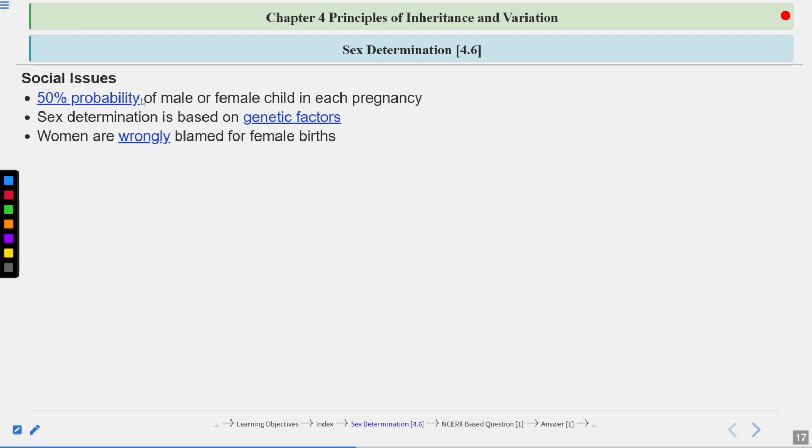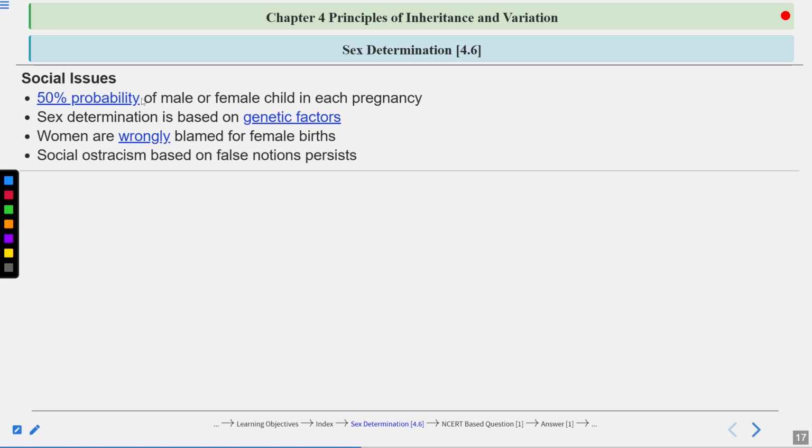So people used to say that women are responsible for giving birth to a female child. But actually it is the male who determines the sex of the child. So this social ostracism is based on a false notion, and this still persists. Still, people don't know that the male is responsible for determining the sex in the case of humans.